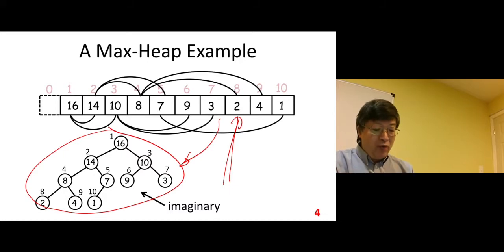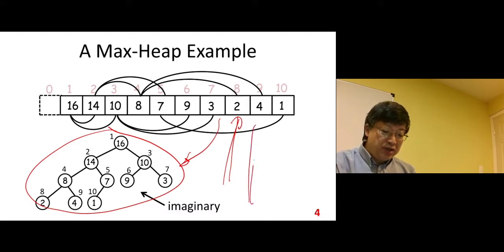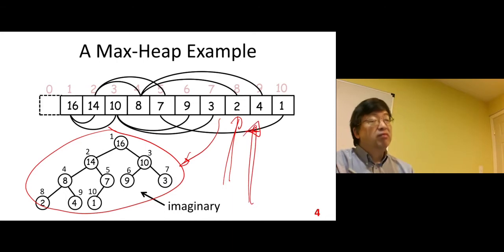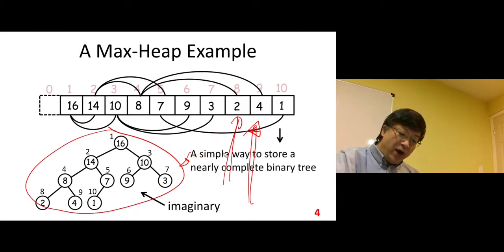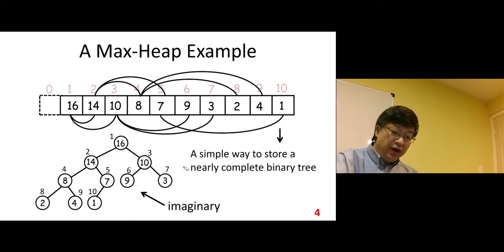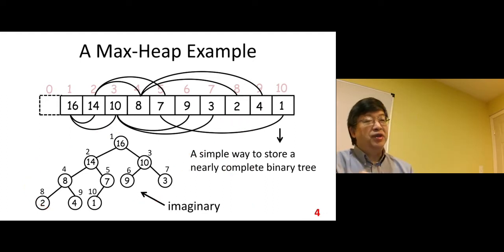But in our program, we never need to do that translation. In our program, we just use the array, and the relationship among indices, to do the data processing. So here we have a simple way to store a nearly complete binary tree. So we complete that.